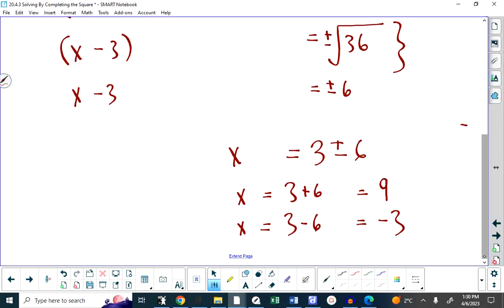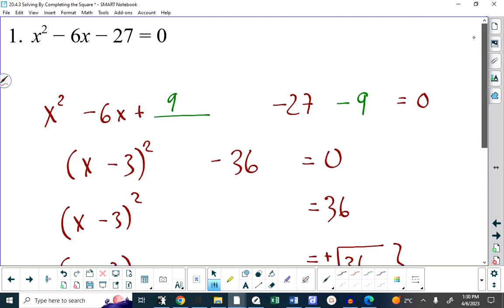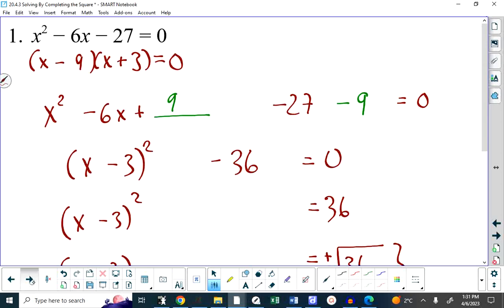And if the solutions are rational, it turns out you could have solved this by factoring. x equals 9, x equals negative 3. And I hope you would agree that if you had a choice, factoring is quicker.